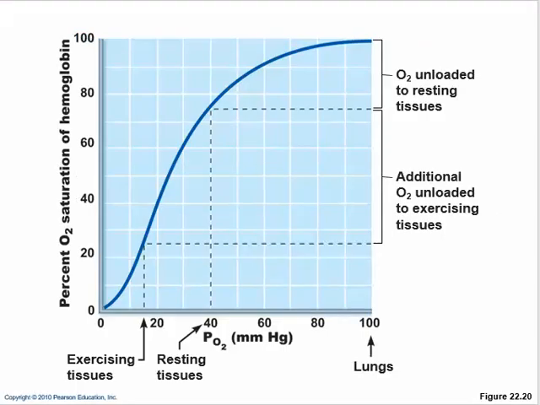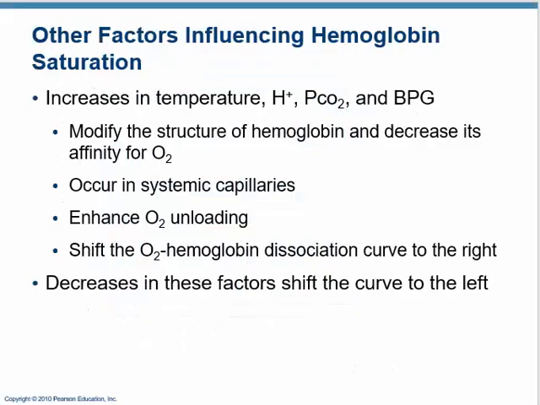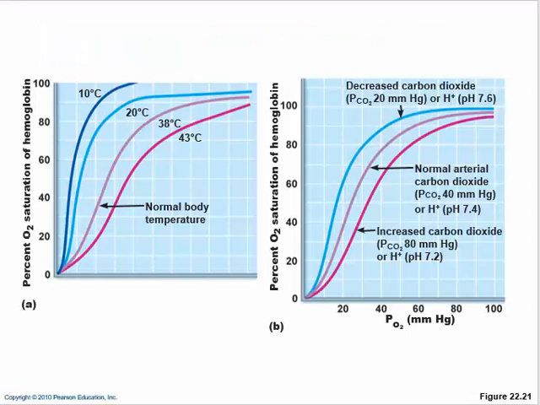So this is the same curve. Right. So temperature, acidity, partial pressure of CO2 and BPG will shift the whole thing to the right and make it easier to unload.